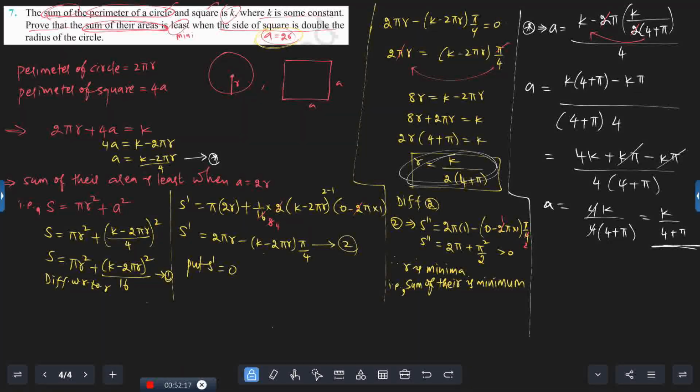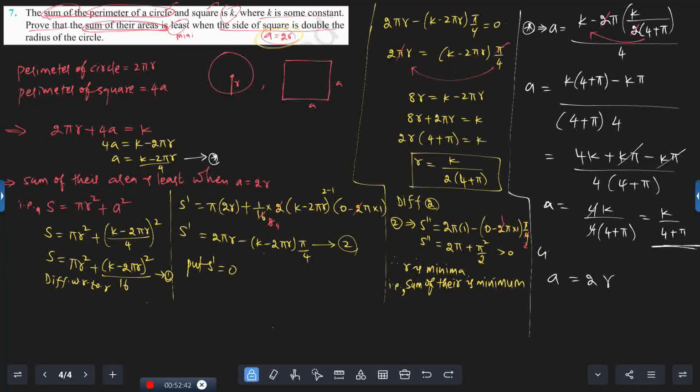Kindly check whether A is 2 times R. If you multiply by 2 and get this, is it okay? Understand? So A value equal to 2 times R.